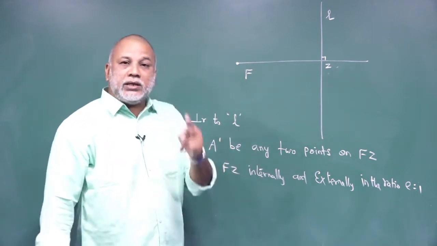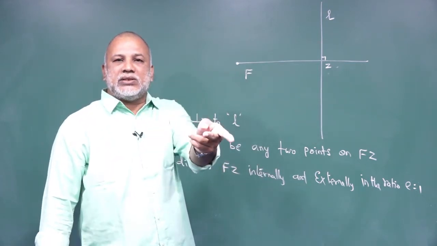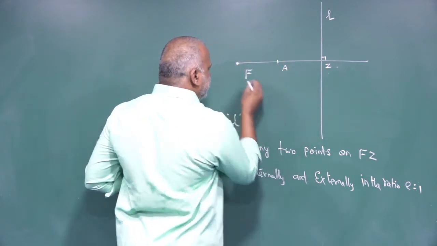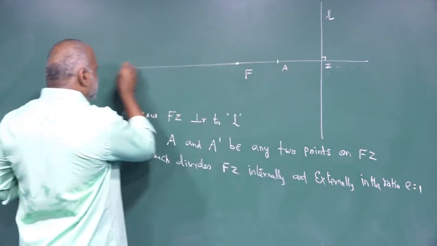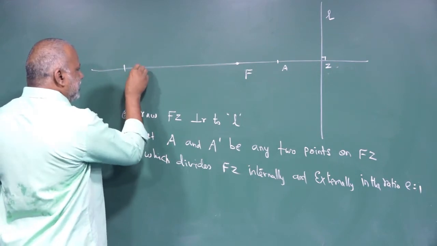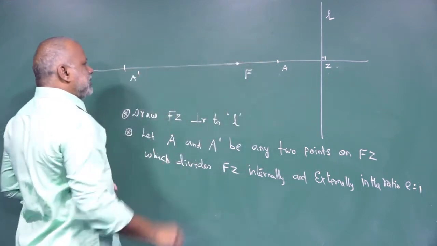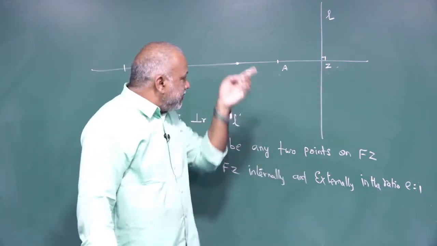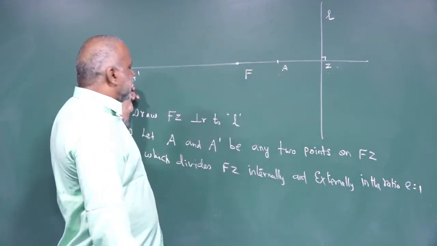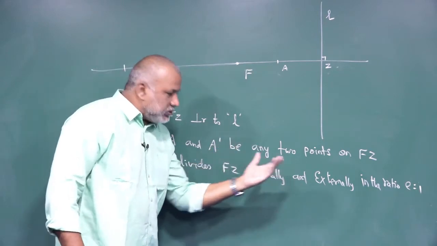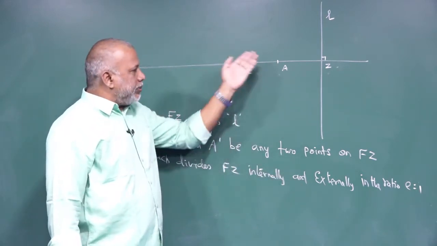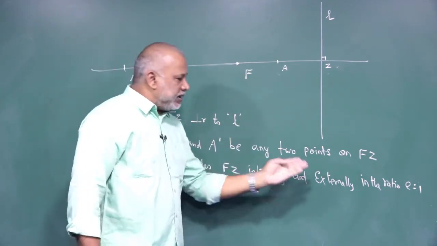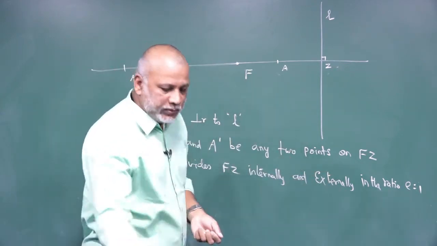Now I am going to take 2 points, A and A dash. Here I am taking A, then I am taking A dash here. So we are taking 2 points. One point divides internally, another point externally, in the ratio E is to 1.